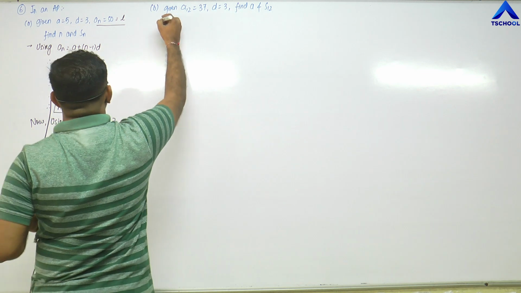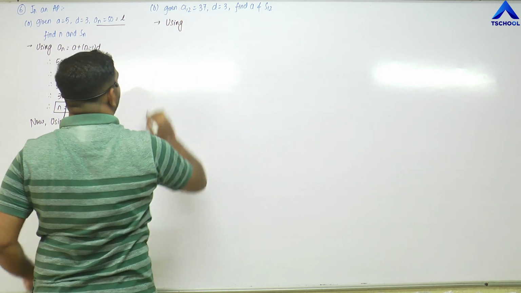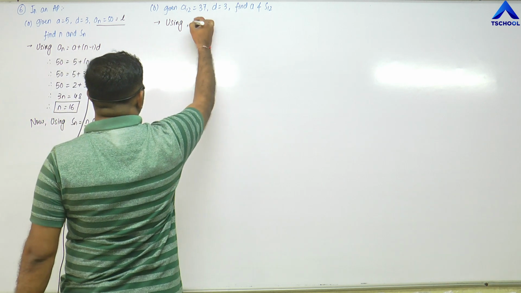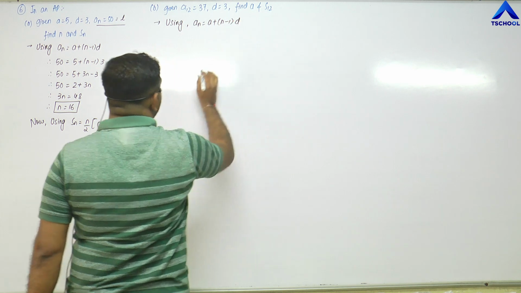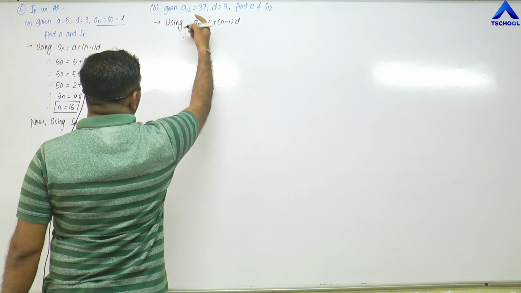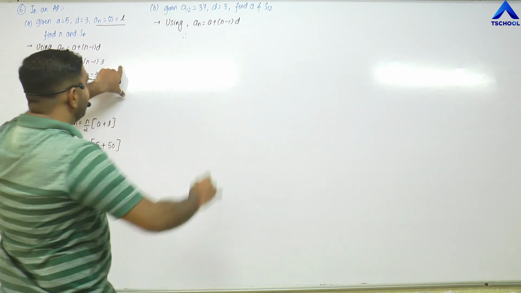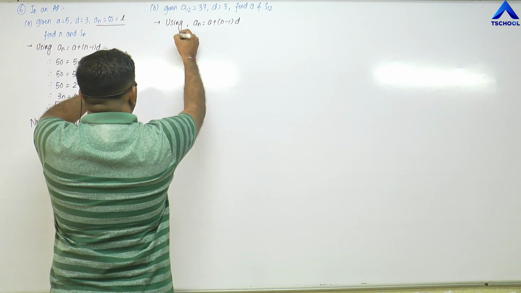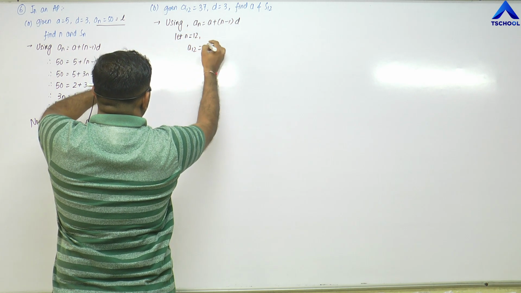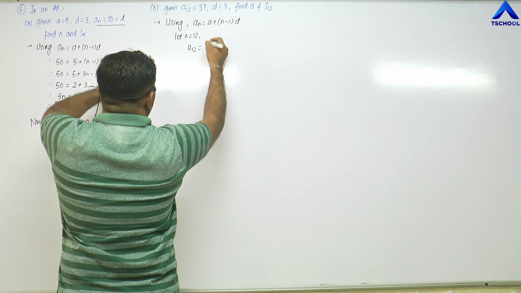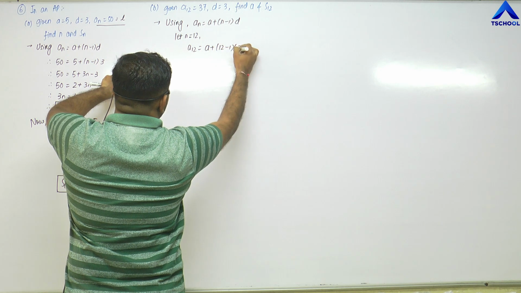Therefore, here we shall use An is equal to A plus n minus 1 into D. Let us take n equal to 12. So we shall get A12 is equal to A, which we need to find out, plus 12 minus 1 into 3.